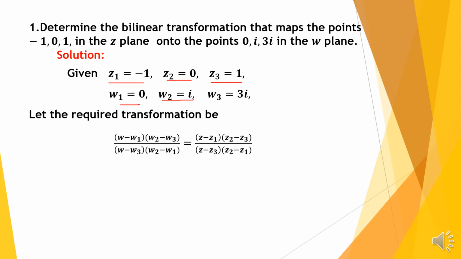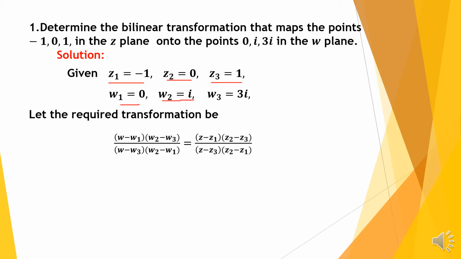So the formula for bilinear transformation is (w - w1)(w2 - w3) / ((w - w3)(w2 - w1)) = (z - z1)(z2 - z3) / ((z - z3)(z2 - z1)).